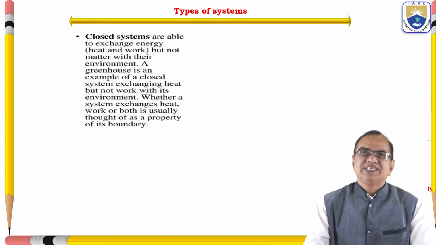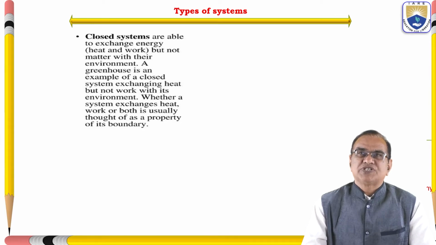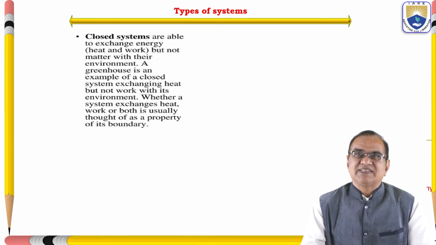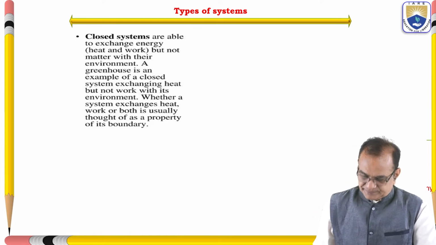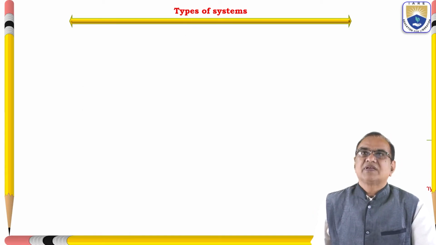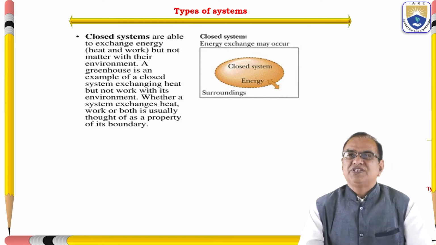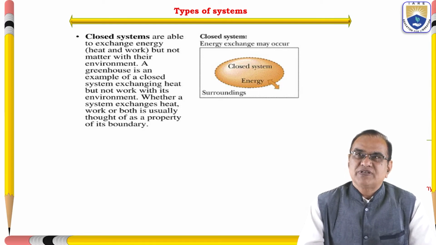A greenhouse is an example of a closed system, exchanging heat but not work with its environment. Whether a system exchanges heat, work or both is usually thought of as a property of its boundary.